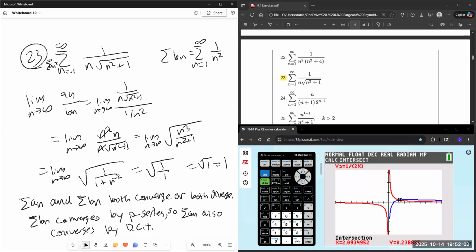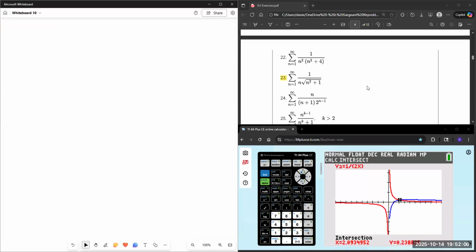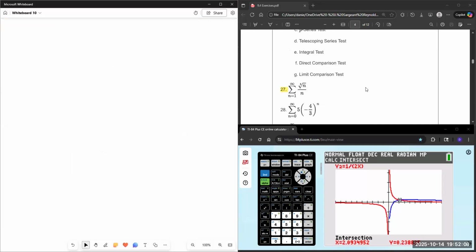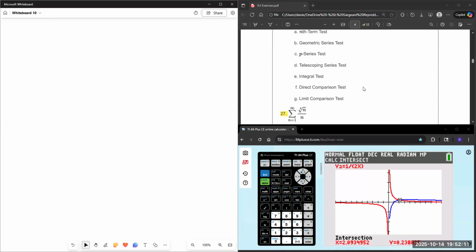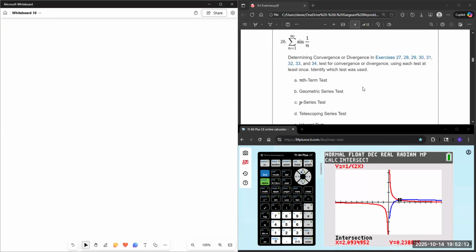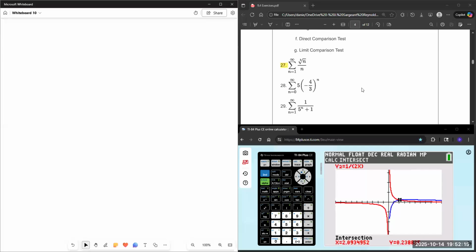Look now at number 27. So we're told to use each test for convergence at least once. 27 says the summation from n equals 1 to infinity of cube root of n over n, which is going to be the summation n equals 1 to infinity of 1 over n to the 2/3.